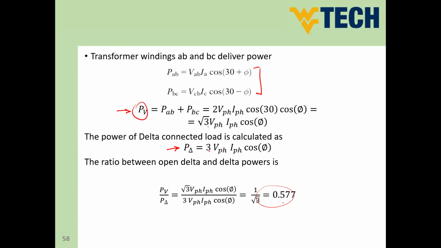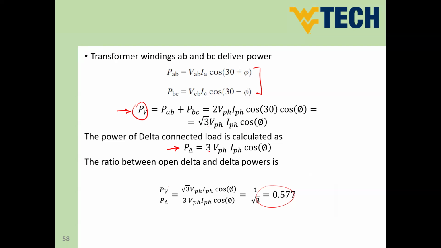It's easy to reduce the load to 58% and remove one of the phases for maintenance, or if you have any kind of fault, you can remove this phase, fix your problems, solve your issues, and then reconnect this single-phase transformer again.